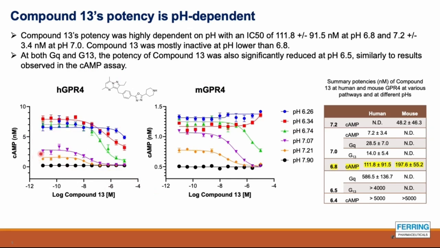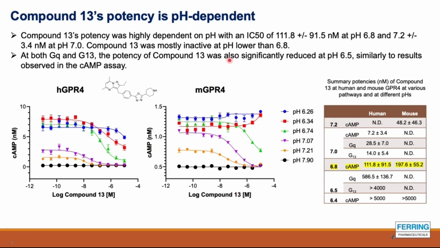So you can see, for instance, that around pH 6.8 or 7, compound 13 is relatively potent with a potency at pH 7 of 7 nanomolar, about 100 nanomolar at 6.8, but below pH 6.4, compound 13 is either micromolar or completely inactive. We observe similar results at the mouse receptors.